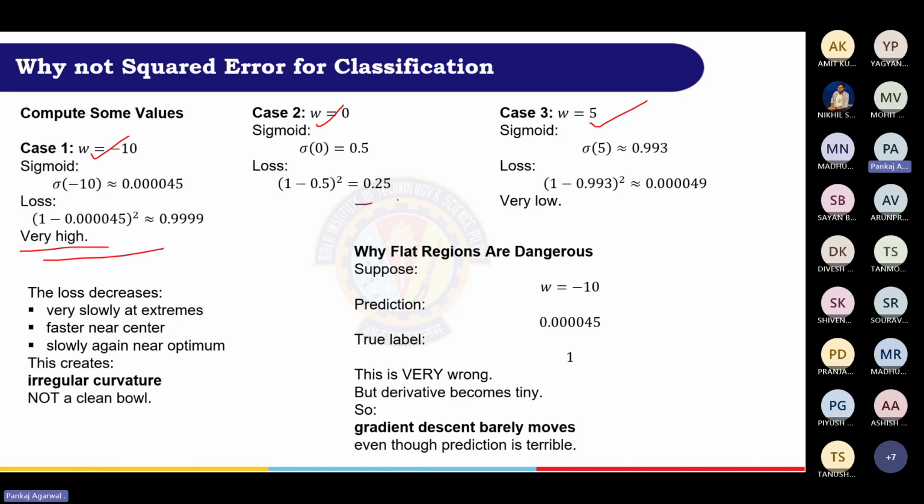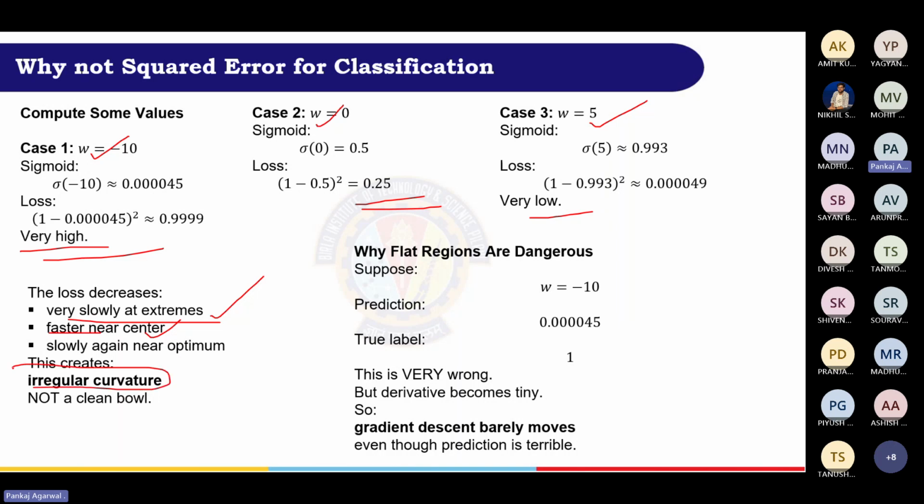When it was this, it gave me this loss, and when W was 5, it gave me this. So it clearly shows that the loss decreases very slowly at extremes, right? So this is an issue, and it is faster near the center, right? So this creates a kind of irregular curvature.